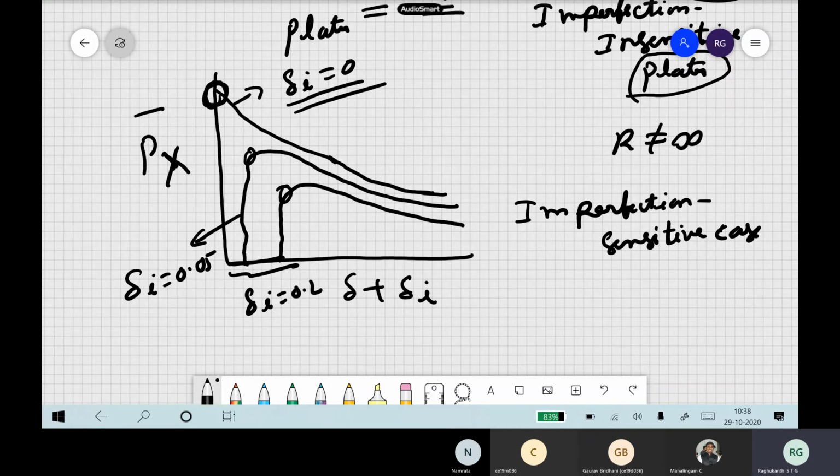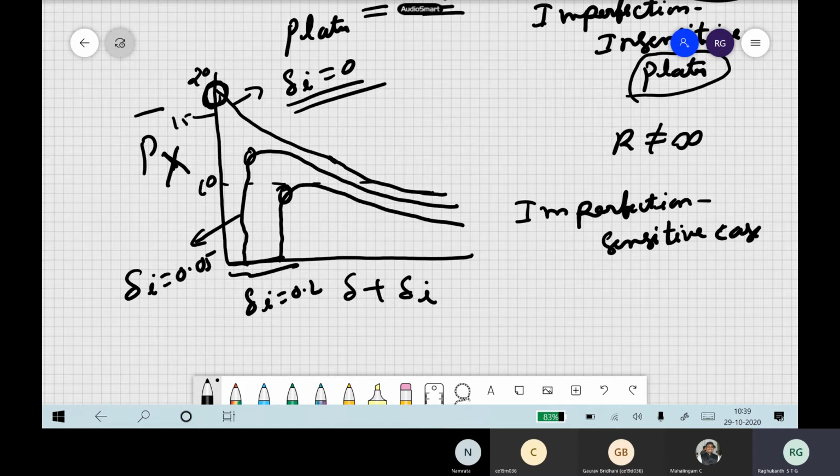The shell is going to buckle. Suppose this load is something in between 20 and 15, say. For imperfection, it will automatically be less than 10. You followed, so this load will be less than 10, almost half.